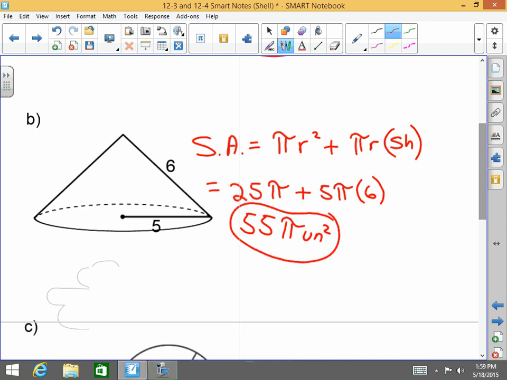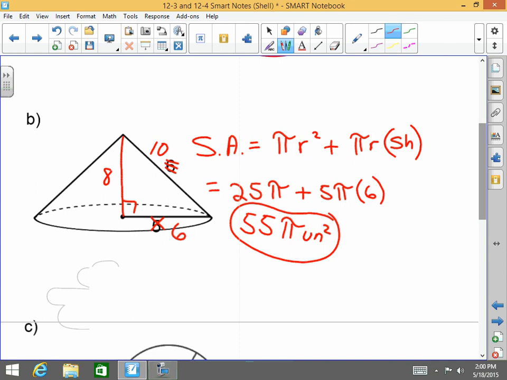Now, just so you understand this, my friends, sometimes I'll give you a height. Say I gave you a height, whatever, I'm just throwing numbers out there, of 8. And let's say I gave you the radius, let's just say it was 6. How would you find the slant height here? Pythagorean, or you could recognize this is a 3, 4, 5 times 2, so my slant height would be 10.